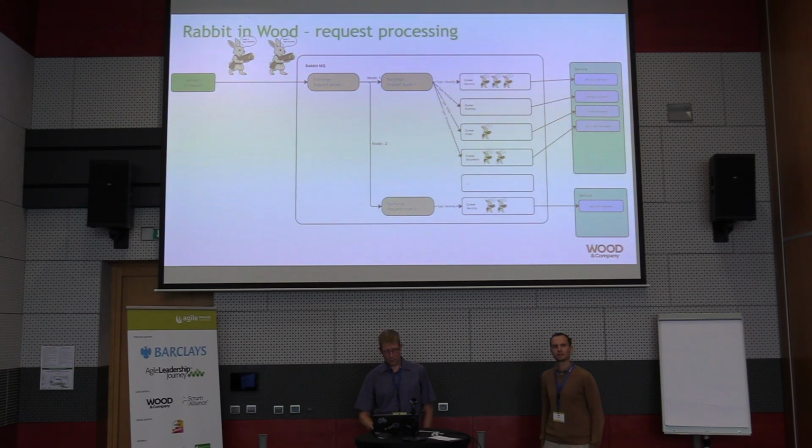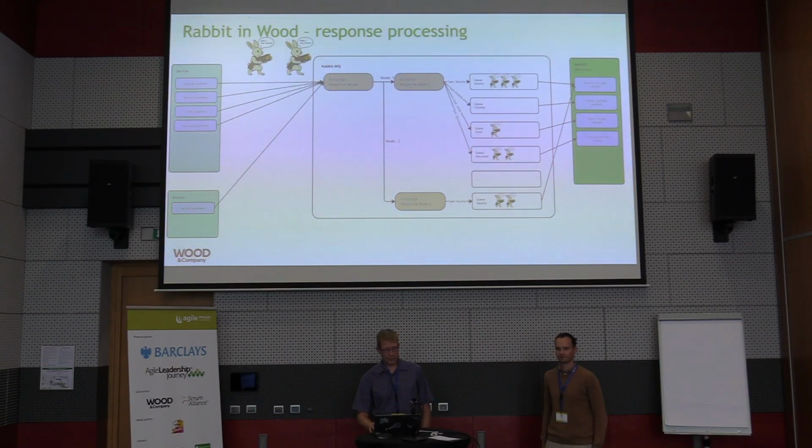Okay. So after the receiver consumes the message, it prepares the response for it, and sends the response as a message to RabbitMQ, and there is the processing of the responses.